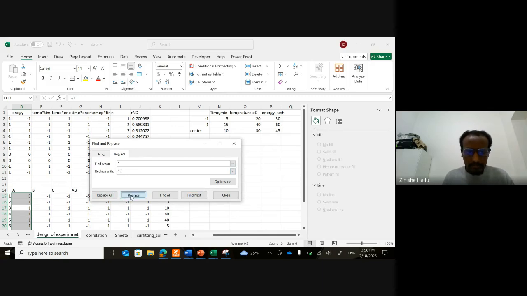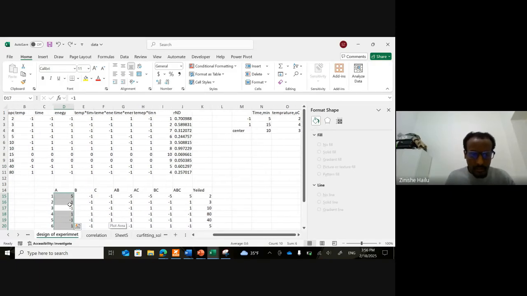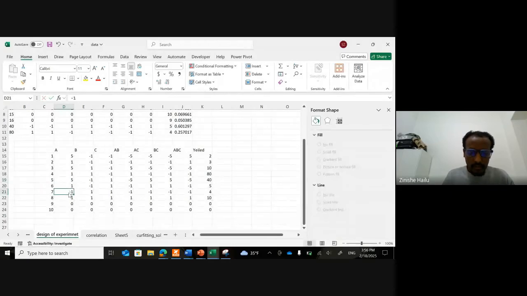You can replace. Now it should be horizontal. Okay, 5. This is 5, this is 5, this is 5. And then this is 10, I mean 15. The maximum 15.